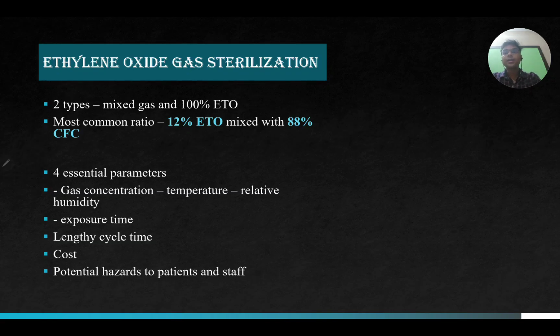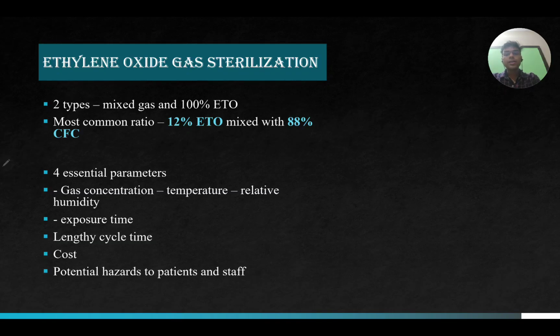Ethylene oxide gas sterilization is of two types, mixed gas and 100% ETO. The most common ratio is 12% ETO mixed with 88% CFC. Four essential parameters for determining the ETO gas sterilization are the gas concentration, the temperature, the relative humidity, and the exposure time.